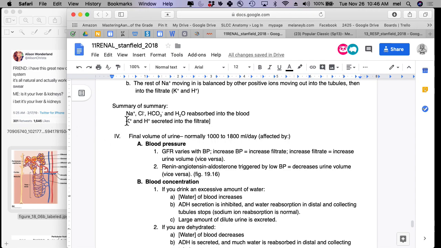So sodium reabsorption is because of aldosterone, and water is because of ADH. And whatever you don't balance out by following the positive with the negative, you'll balance by swapping positives. So potassium and H plus are secreted. Good?